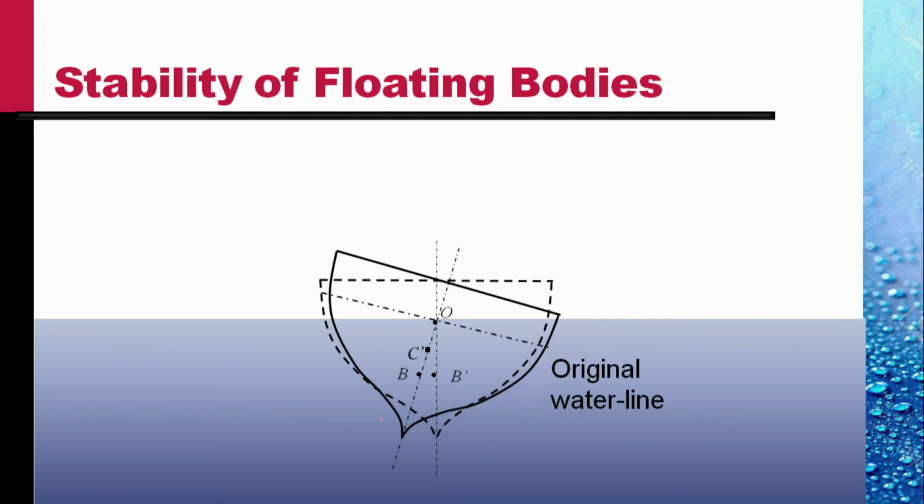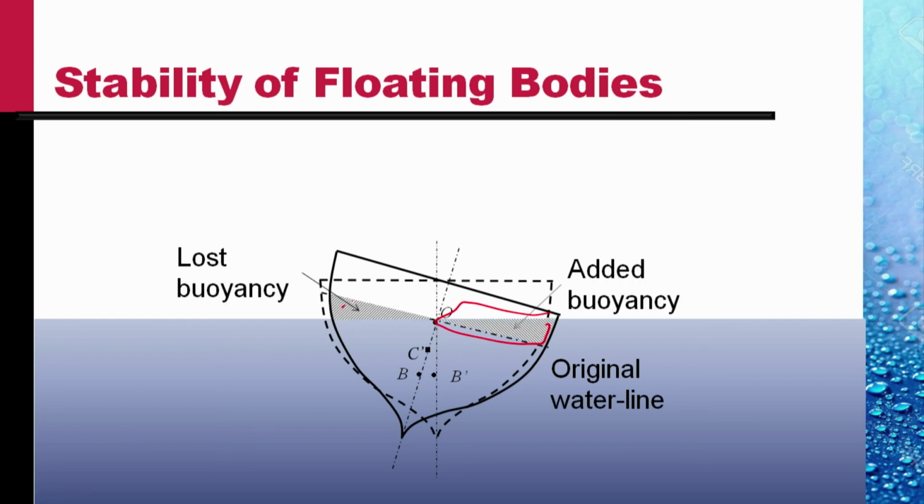Now, if the ship tilts, B is the original position of the center of buoyancy, B prime is the new position of the center of buoyancy, which is towards the right of B, because there is more water displaced on the right, and less on the left. So there is added buoyancy on the right and lost buoyancy on the left. Because of this, the center of buoyancy shifts towards the right.